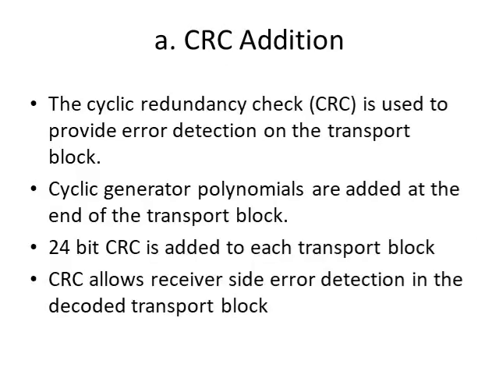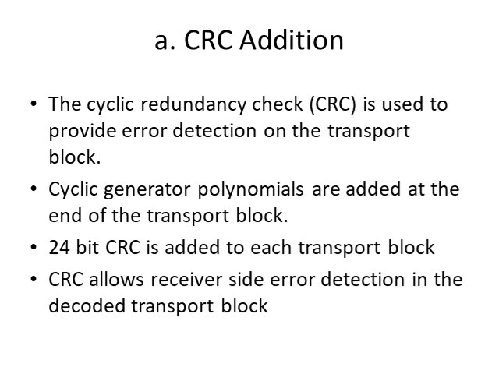The first stage is CRC addition. CRC is nothing but cyclic redundancy check. This cyclic redundancy check generally provides error detection on the transport block. This is a 24-bit CRC.